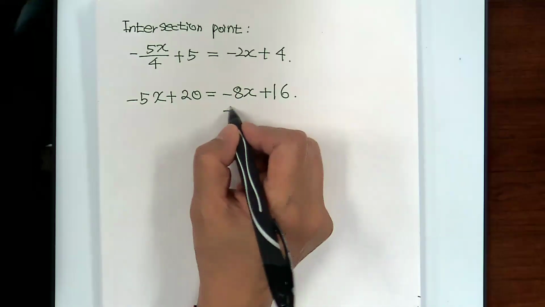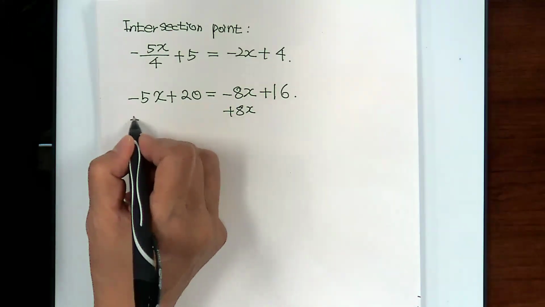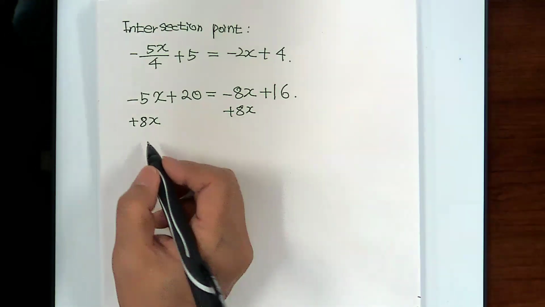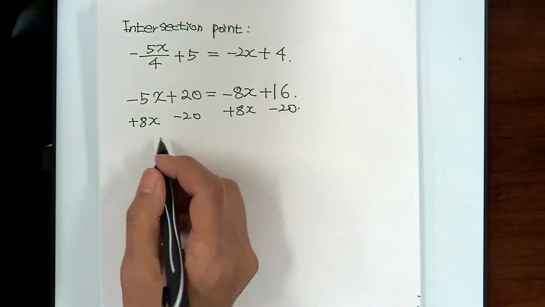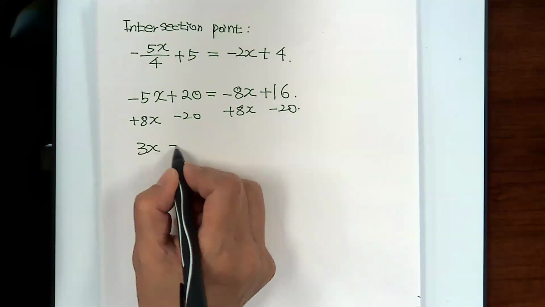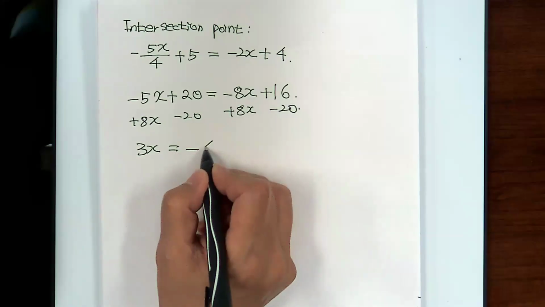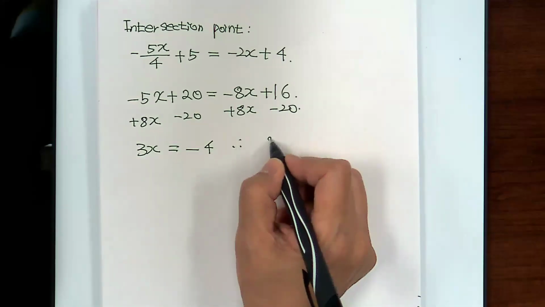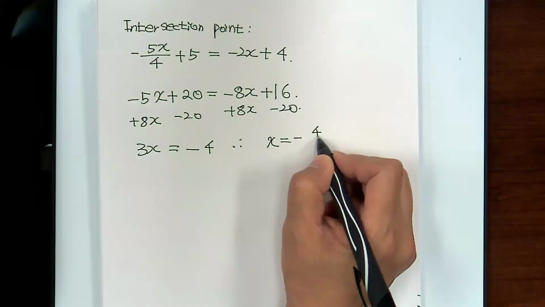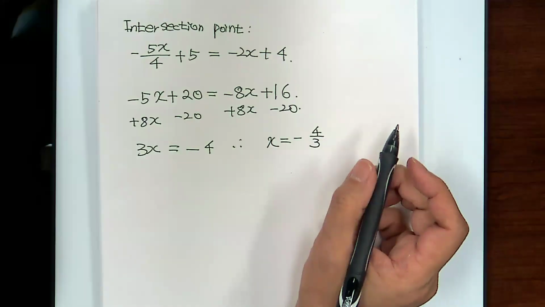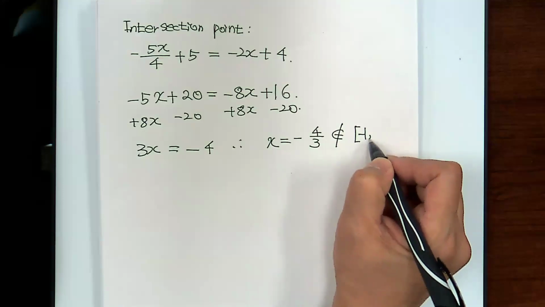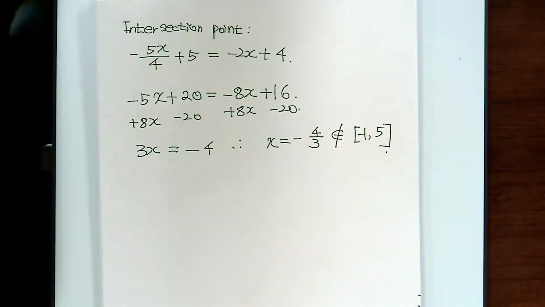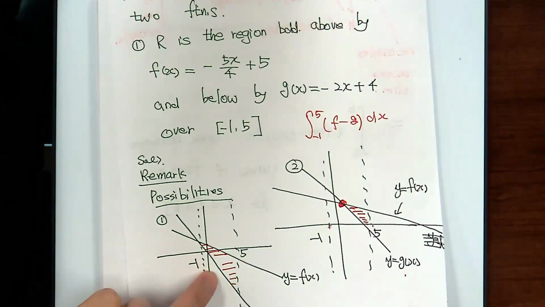And we add 8x on both sides and subtract 20 on both sides. Then that is 3x equals minus 4. So x equals minus 4 over 3. And this one is not in minus 1 to 5.